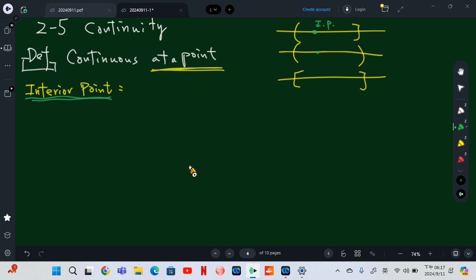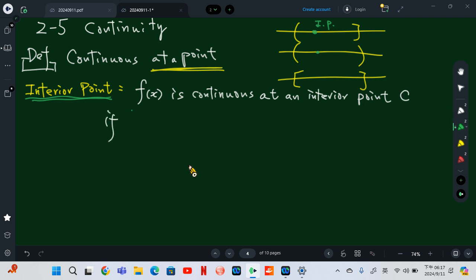So for an interior point, f is continuous at an interior point c if limit as x approaches c of f of x is equal to f of c.